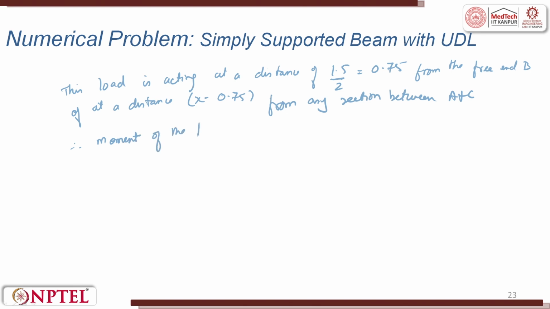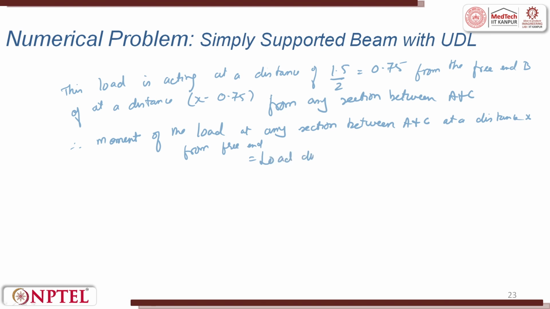Now, therefore, the moment of the load at any section between A and C at a distance x from the free end will be load due to UDL into x minus 0.75, which is Mx equal to minus 1.5 into x minus 0.75.